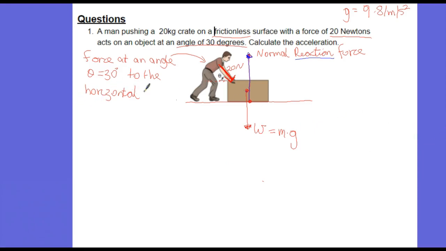Alright, so we've identified our forces. Now what to do about this guy, this force on an angle? Okay? So when you examine all the forces in what's called a free body diagram, I'm going to represent the crate without a body, without an object. It's just going to be a dot. And that dot is representing the center of its mass.